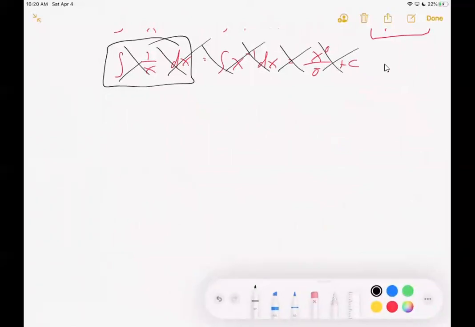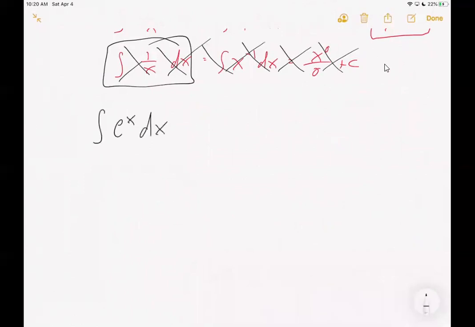Okay, so other ones that you should know. This is just as easy backwards as it was forward. Hopefully you knew that was e to the x plus c. Let's do the inverse of this right away.